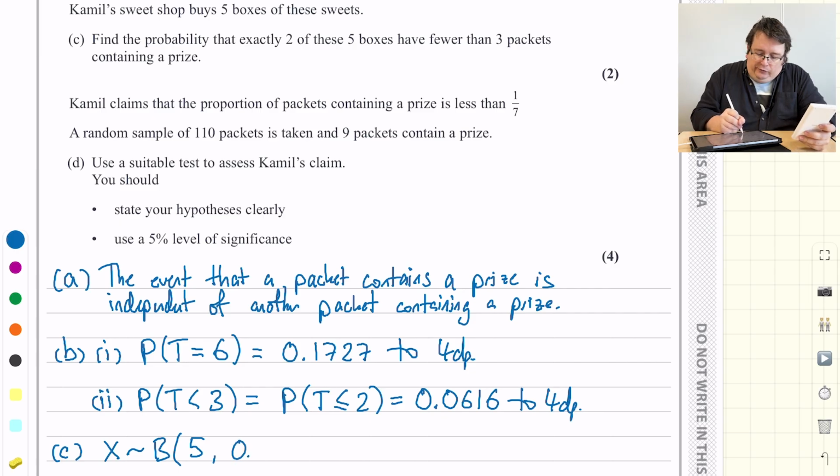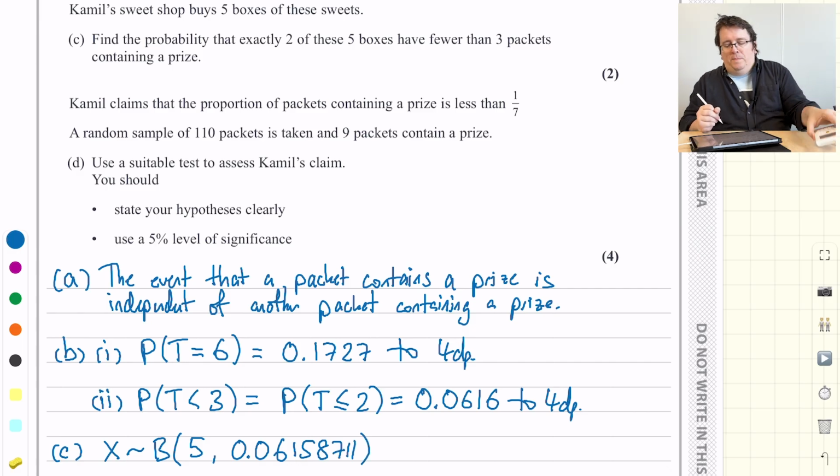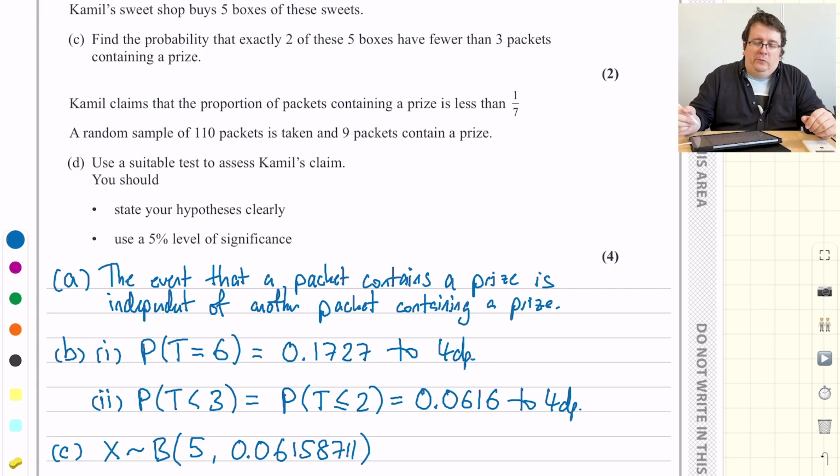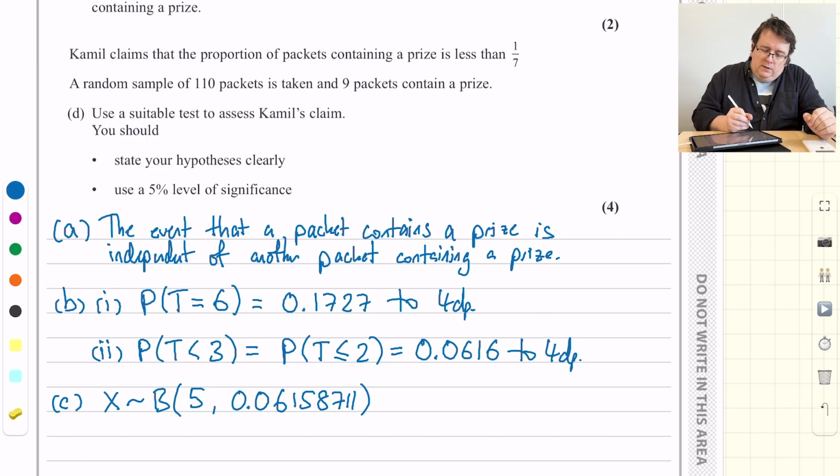Now I'm going to use my full calculator display to make sure this is as accurate as possible. So 0.06158711. Now you should be able to get away with just using 0.0616. And we're looking for exactly 2.